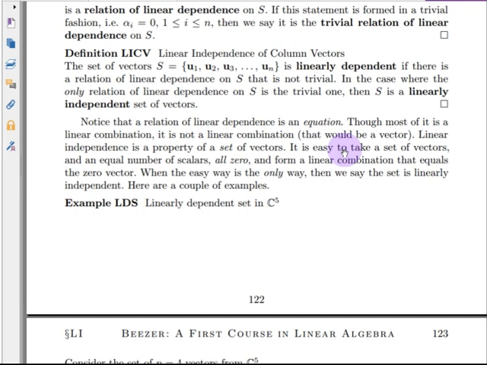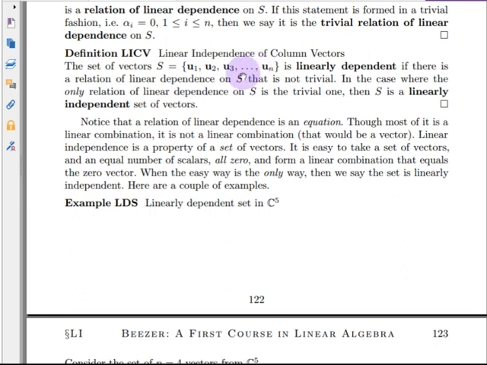So this is linear independence of column vectors. Now notice that there's nothing here that's mentioned that the vectors have to be column vectors. Here we're just mentioning vectors, so we might as well apply the same definition to any type of vectors, not just column vectors. So the definition says a set of vectors is linearly dependent if there is a relation of linear dependence on this set.